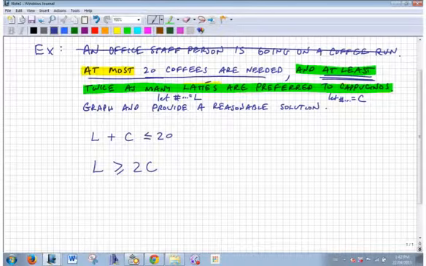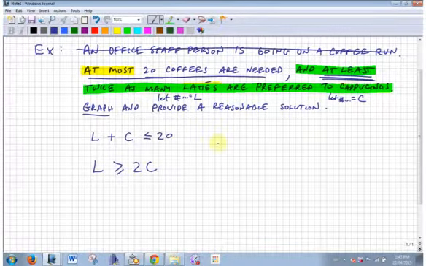Okay? So for example, if I had 2 cappuccinos, could I have 10 lattes? Could I have 15 lattes? Is that greater than or equal to 2 times 2? Still works, right? Okay, so you got to maybe play around with it a bit. So I know it's tricky, but that's what you got to do.